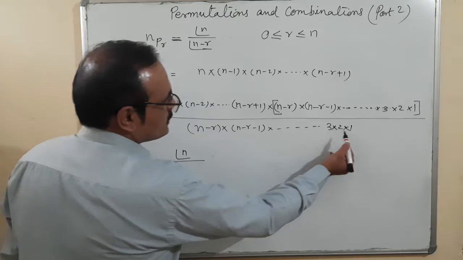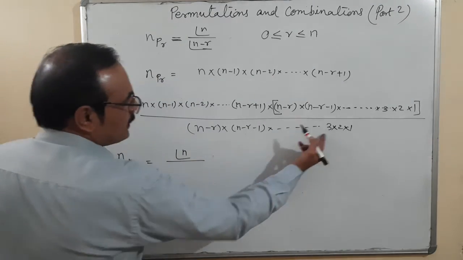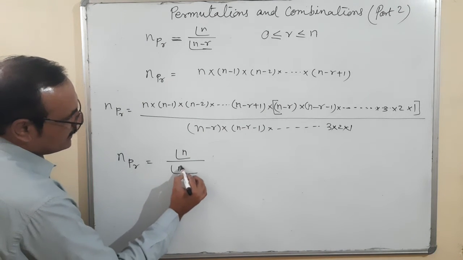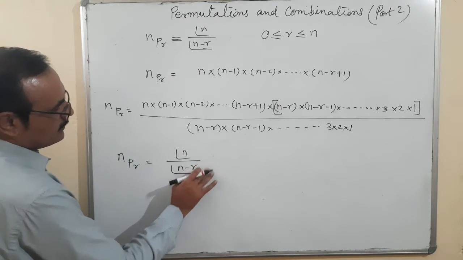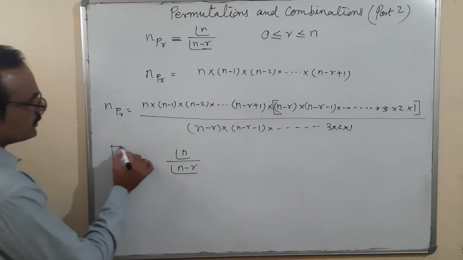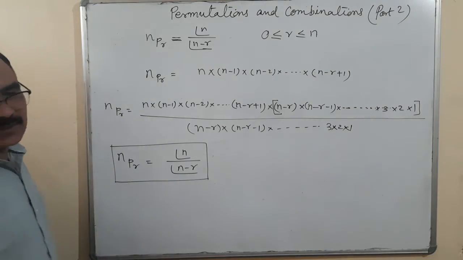And 1 into 2 into up to n minus r is the product of first n minus r natural numbers, factorial n minus r. Is it okay? So that is the meaning: nPr is equal to factorial n upon factorial n minus r.